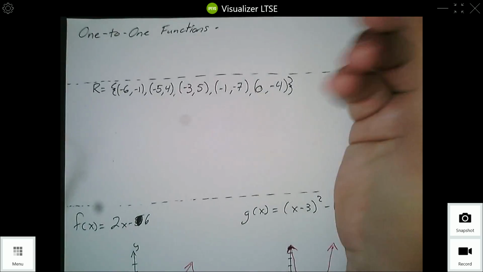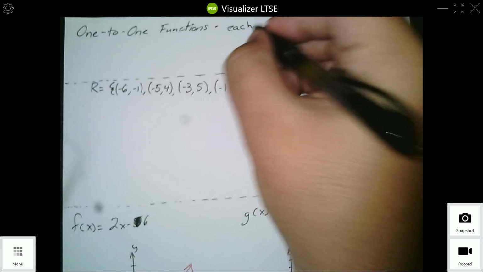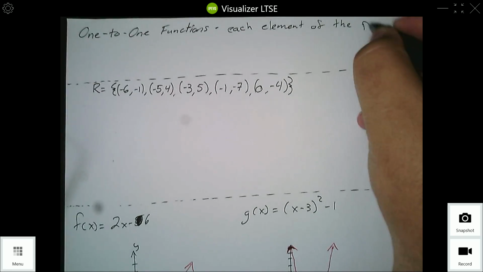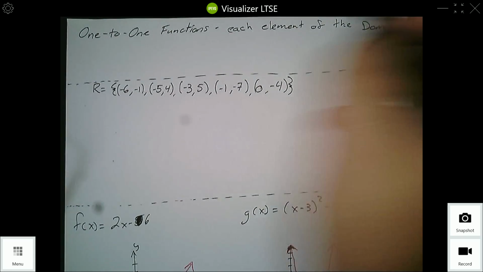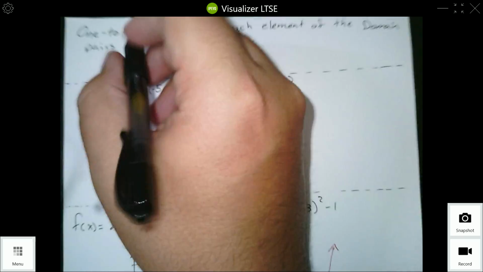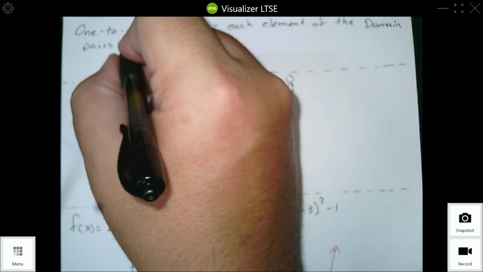A one-to-one function means each element of the domain pairs exactly with one unique element of the range.